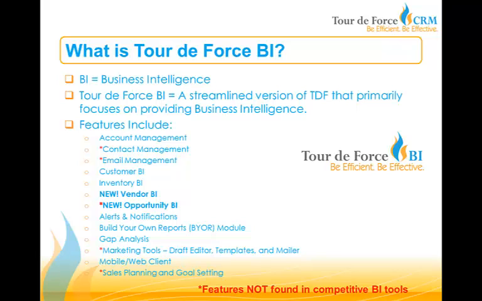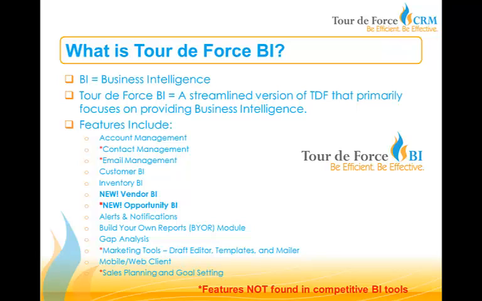Once you've identified those gaps, you can take those accounts, generate the contact lists from those accounts, and push them directly into our marketing tools, which would be the Tour de Force mailer, to be able to process that email or direct mail campaign.